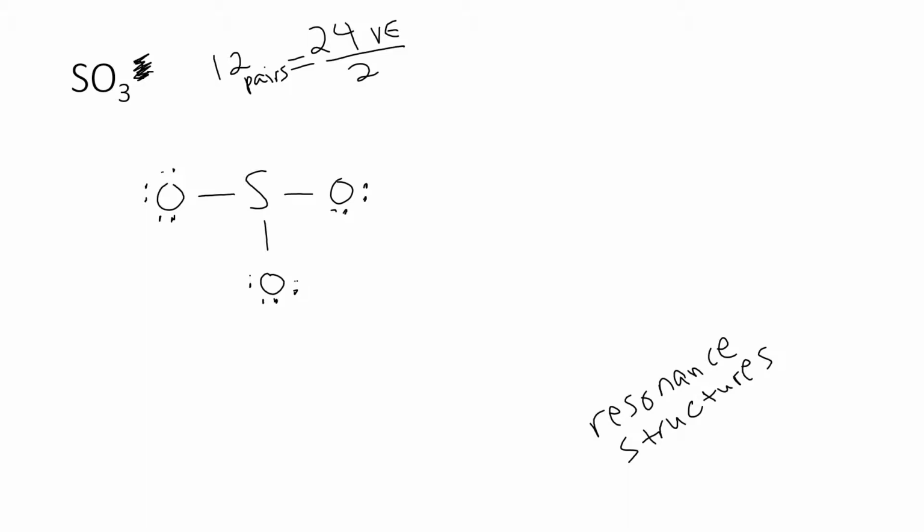It does not. Okay, the way we do that is we draw the second double bond as a dotted line on each one. And what that tells us is that there is one double bond there, but it floats between the 3 oxygens. That's how we represent that.